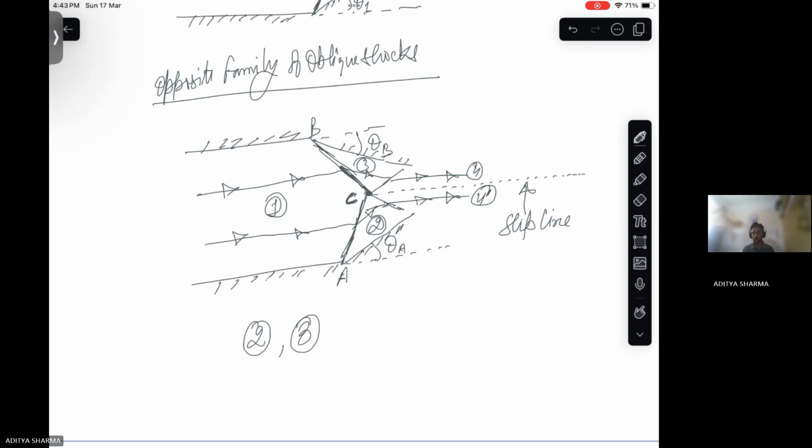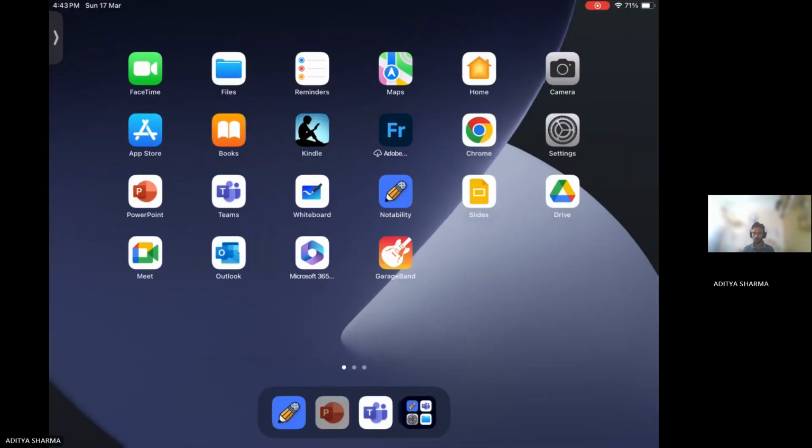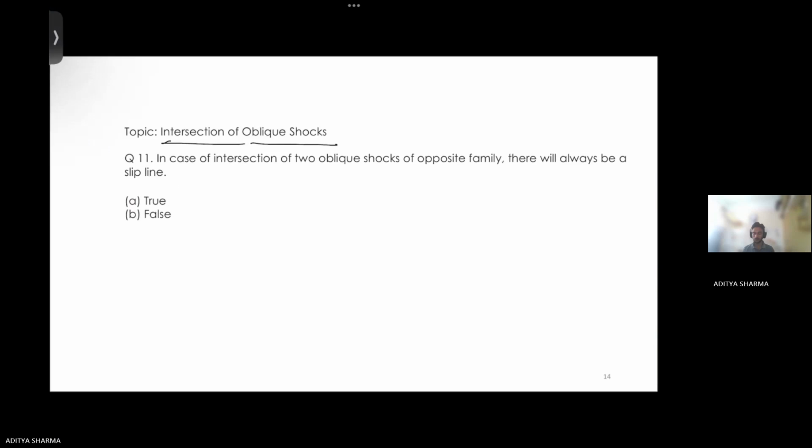Right? So in case when the deflection angles are same for the opposite family of oblique shocks, we do not need to define a slip line.